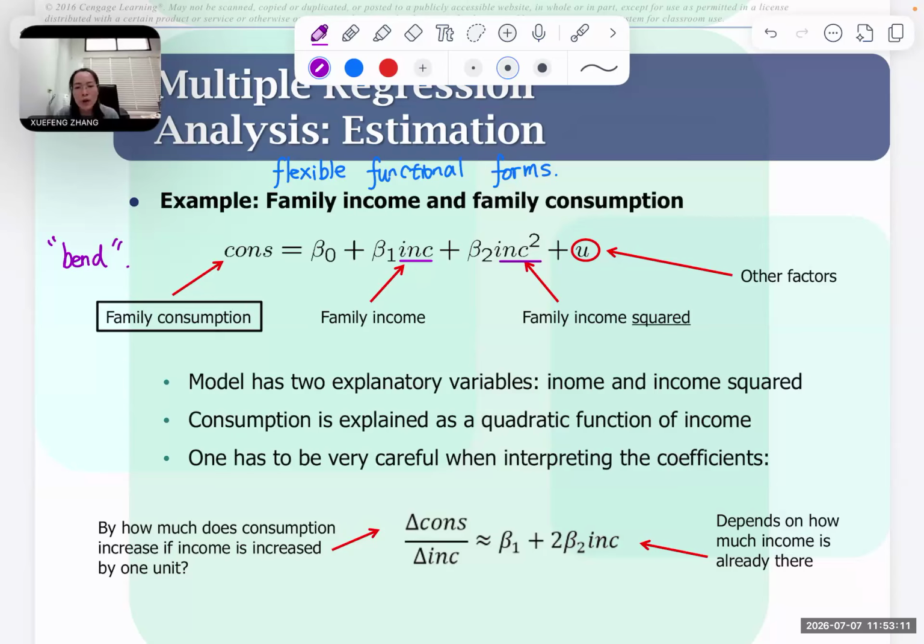Why would we want that? Because in real life, an extra 1,000 baht probably doesn't increase consumption the same way for a low income family as for a high income family. Okay, the effect isn't constant, it changes depending on how much income someone already has. A straight line can't capture that. So we need a curved line.